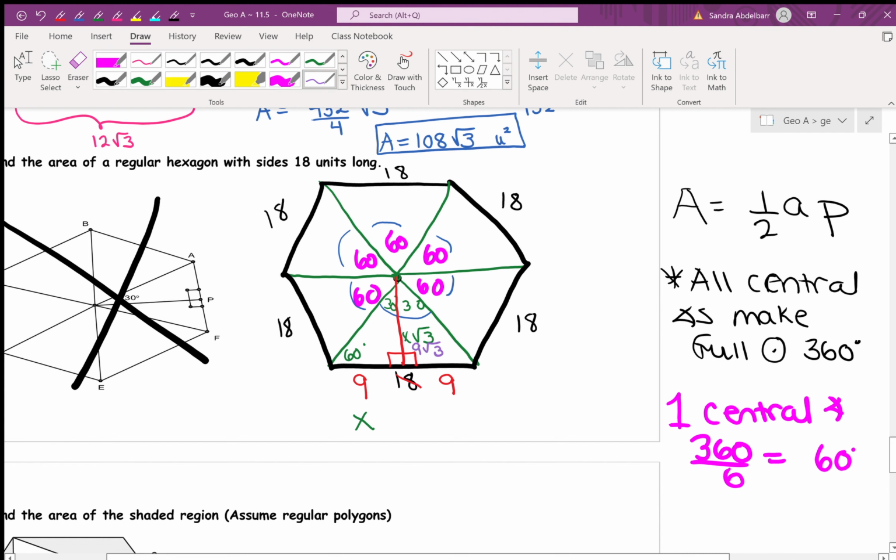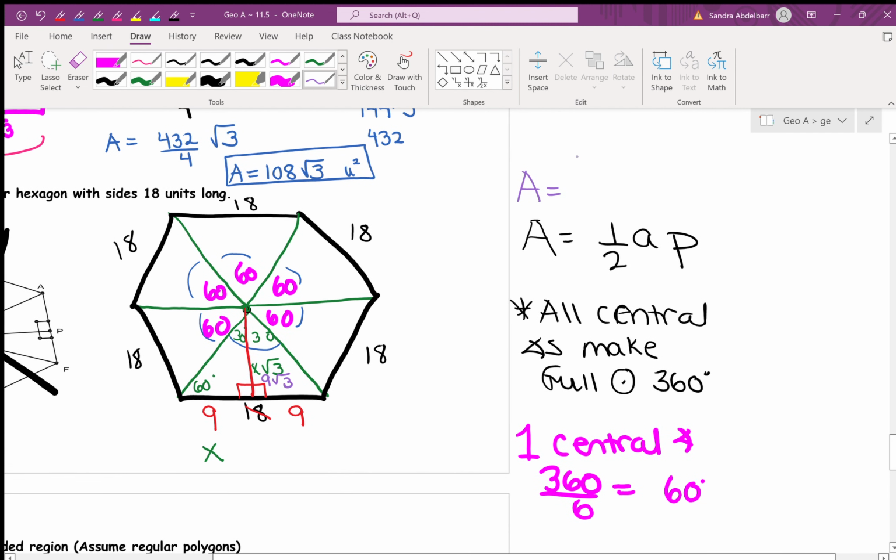All right, so now let's go into our formula. Area will equal half 9 root 3, and then the perimeter is going to be 18 times 6, which is 108. Should I take half of 9 root 3? No, what should I do?